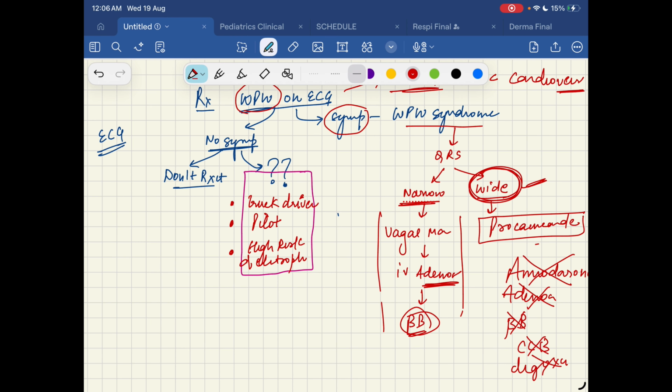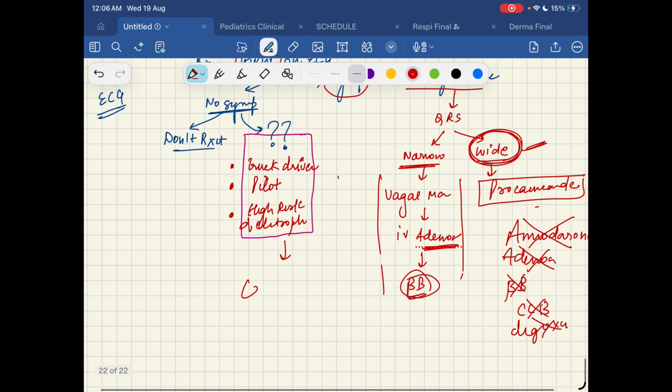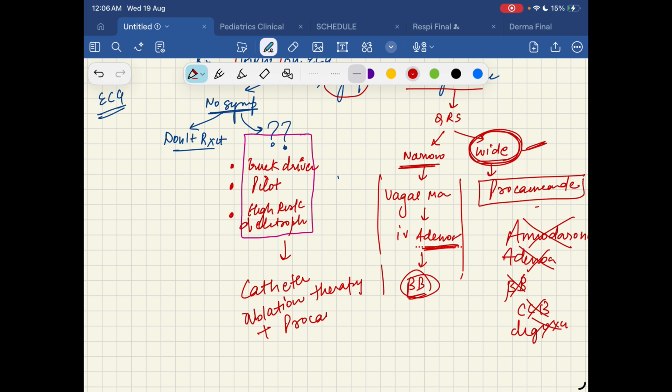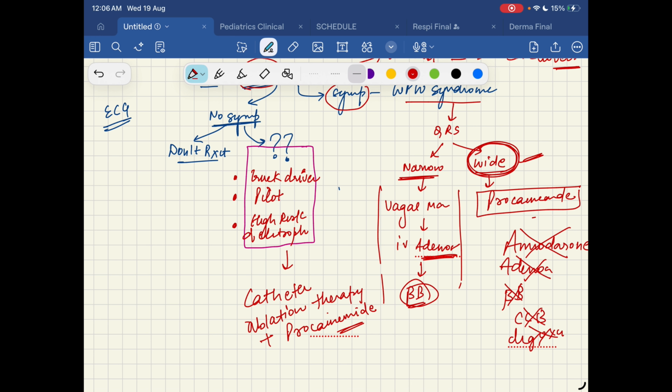In these cases, you are going to treat. And how are you going to treat? You just ablate that pathway which is causing that. See, I'm not completely going into the pathophysiology of the WPW or every other ECG, because if we go very deep into everything, it will become very extensive, and you'll lose the proper clinical medicine part of it.